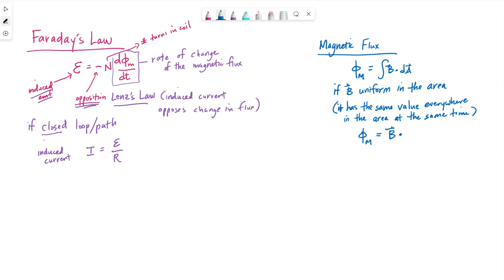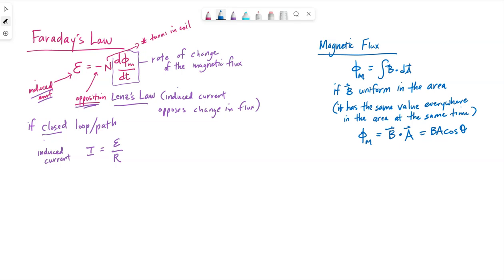That leaves us with B dotted with the integral of dA, which is going to give us the area. Now remember, area vector is normal to the plane. The dot product gives us a scalar answer. We can write it in terms of the magnitude of the two vectors times the cosine of the angle between them.